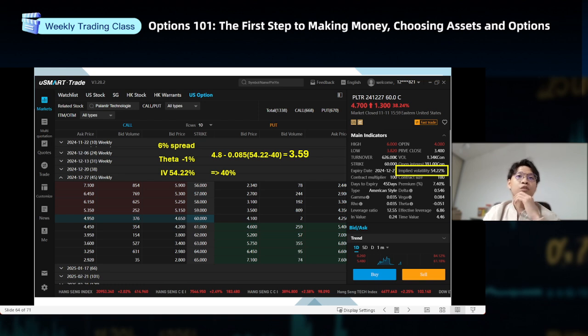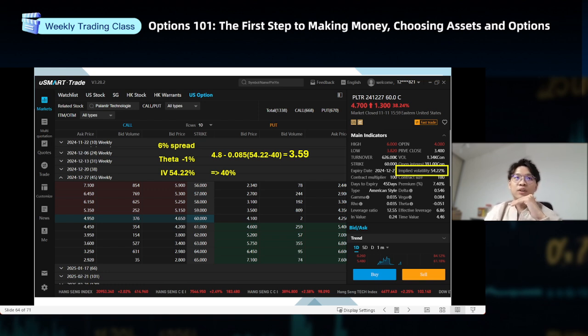My personal suggestion will be, you need to wait until the implied volatility gets back to the median, or even better, below the median. Then you are confirmed that you are buying at a cheaper rate compared to the market rate.